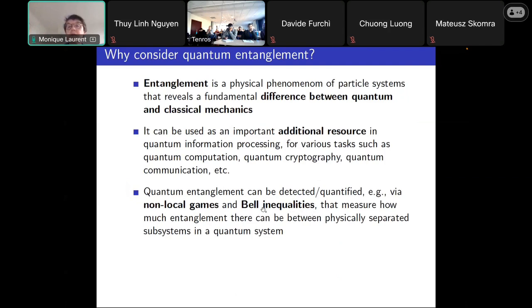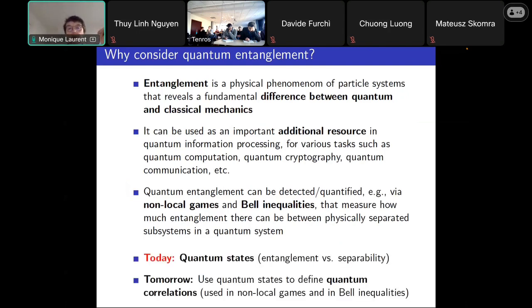In a nutshell, a Bell inequality is a linear inequality over a certain set of classical correlations, and then there is a bigger set of correlations, the quantum correlations. And if there is a difference between the Bell inequality on the classical set and the quantum set, then it shows the existence of entanglement.